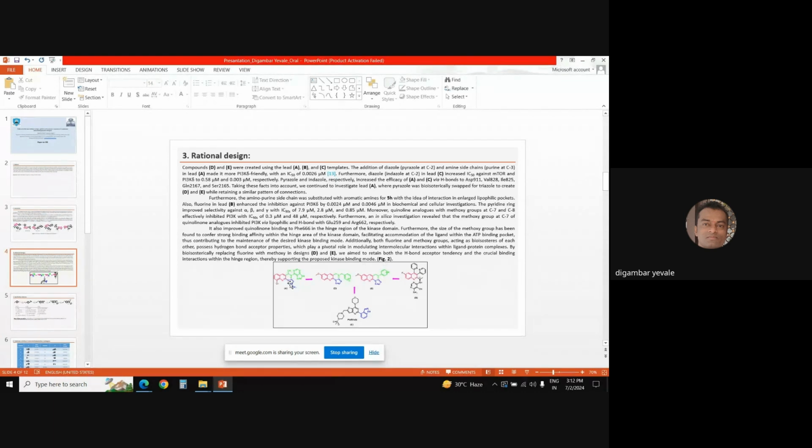We have also replaced the CF3 pyrazole of intermediate compound A with a triazole bioisostere, and this N-ethyl heterocyclic atom we have replaced with anilinic and benzylic substituted different moieties. And we have added a methoxy group in our designed compounds D and E to maintain the lipophilic content on the surface.